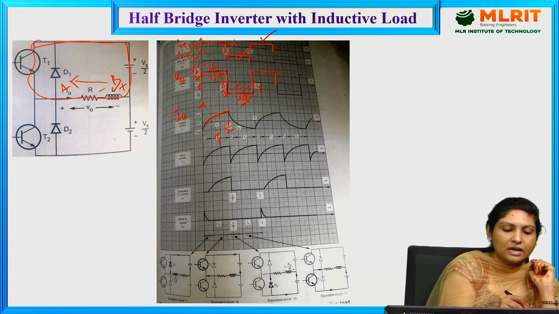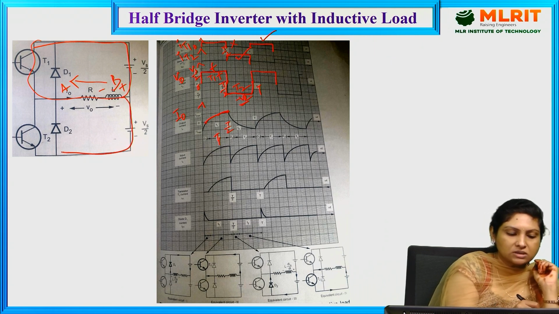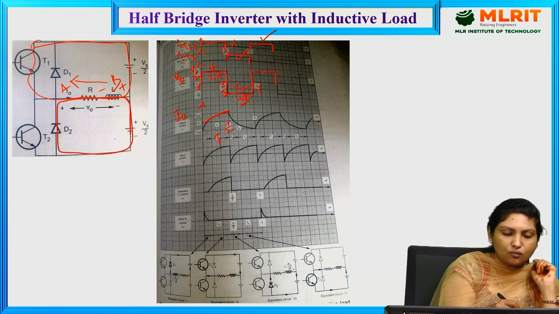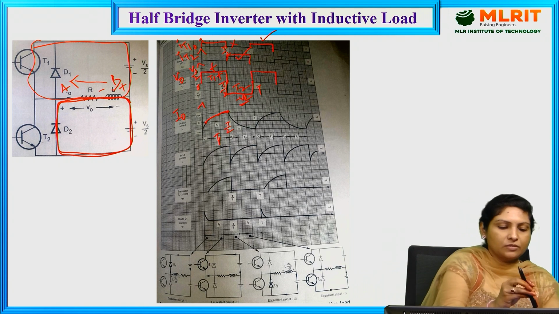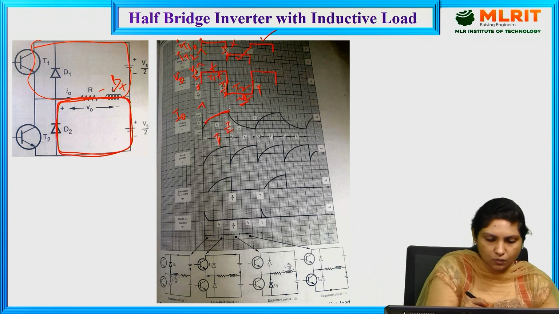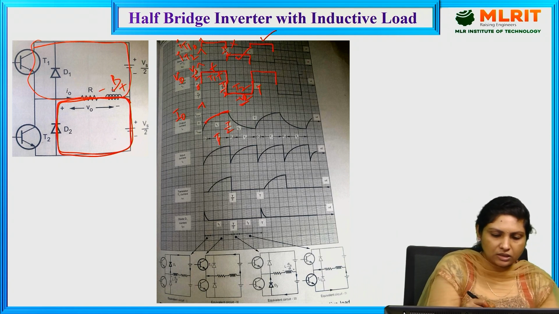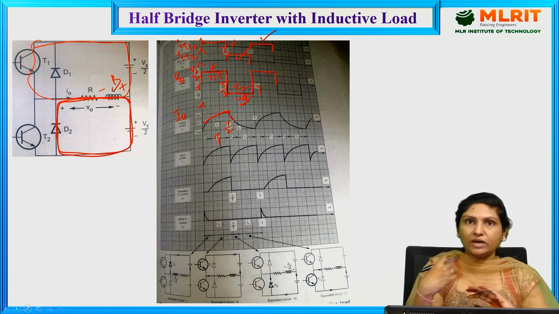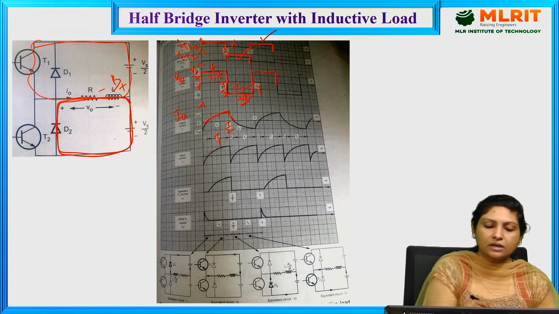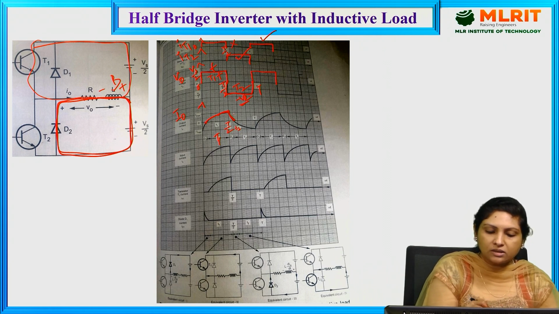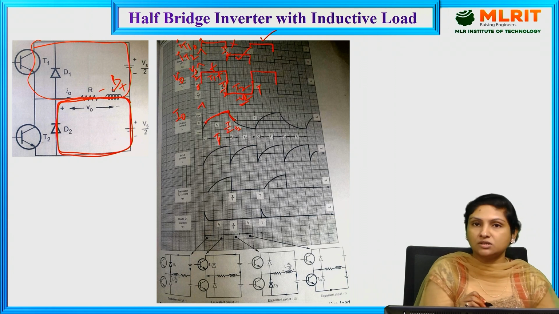It tries to forward bias D2 such that current will be flowing through the load in the same direction, that is from A to B. Whatever energy is stored in the inductor is dissipated through the load, and because the inductor is providing the energy, the stored energy is getting reduced, and finally at this instant called T2, the current through the load has become 0.